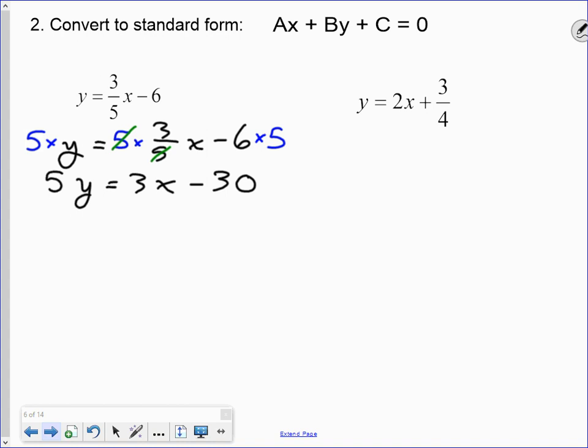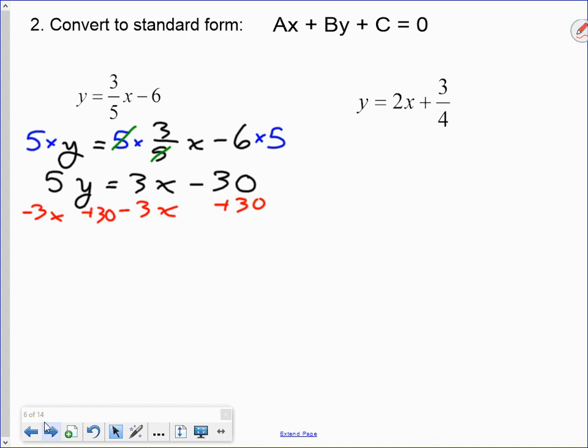And then from here, I just want to move all of these terms over onto the left-hand side. Because I want to get the x over here, the y over here, and the number over here. So I'm going to subtract 3x. I'm going to add 30 here, and I'm going to add 30 over here.